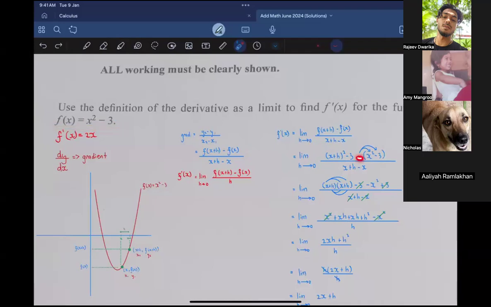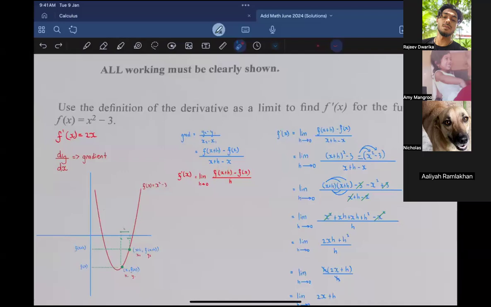And then I said minus f of x. Aliyah, in this question, what is f of x? The x squared minus 3. Right. From maths, you should know how to do this. This is functions: whatever is inside the brackets, you replace for x.